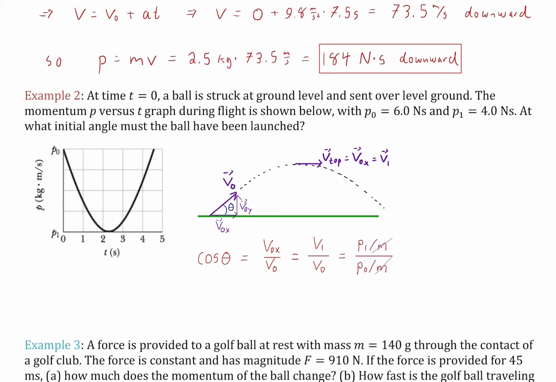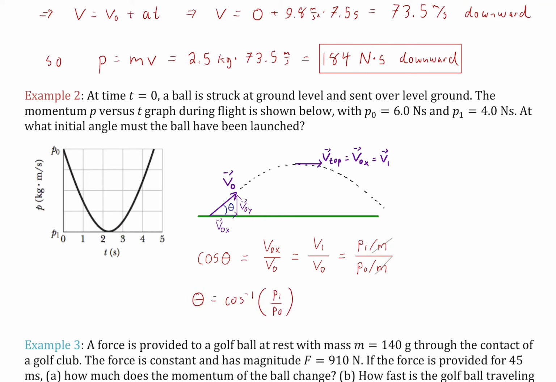Since this is the smallest velocity, it must also be the smallest momentum. Velocity related to momentum is just momentum over mass, using the definition. Meanwhile, our initial velocity, the hypotenuse, is the initial momentum divided by mass, which means the masses cancel, which weren't given in the problem.